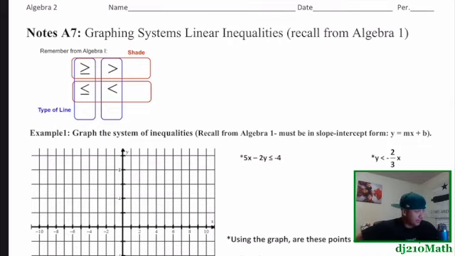Then you have another line, and you're going to shade on one side of that line. Where the shaded parts overlap, that's going to be the solution that satisfies both inequalities. So watch, let's get some notes real quick.